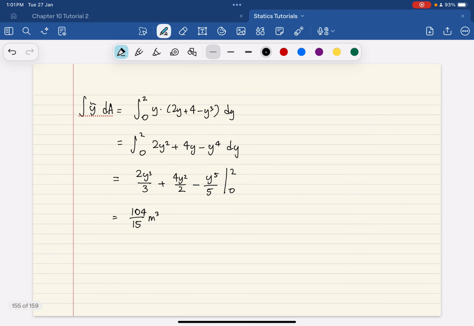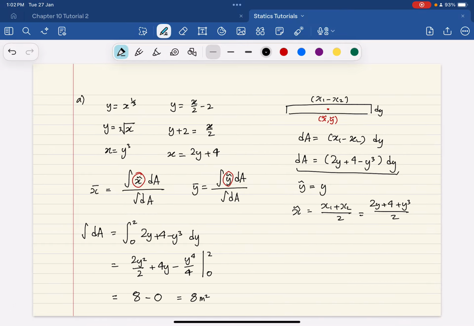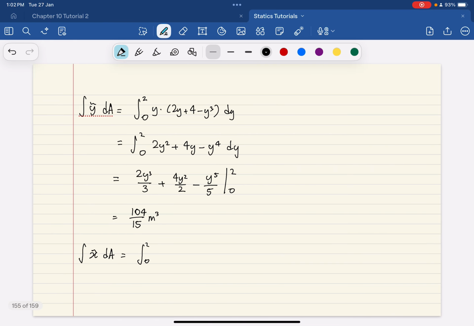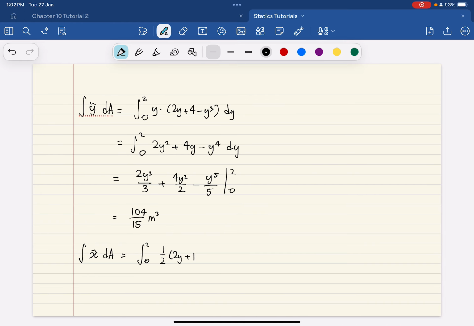Then we're going to do the last one, which in this case is the integral of x tilde dA, with the same limits. Now x tilde is going to be a little bit tricky because you have an equation here, so it becomes half times 2y plus 4 plus y cubed, multiplied with 2y plus 4 minus y cubed dy. The half is a constant, so you can take it out. You do the integration and simplify the expression.